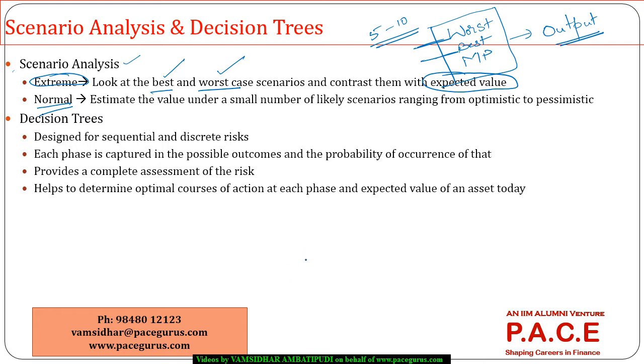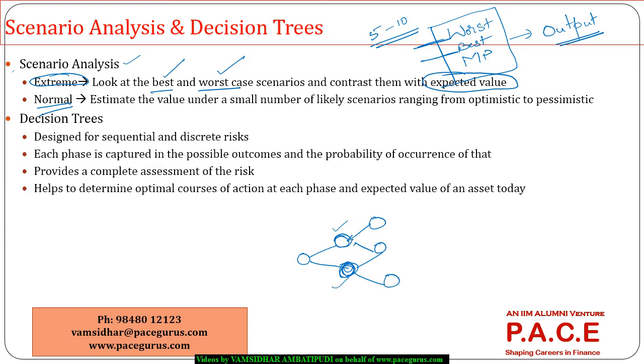Whereas when we talk about a decision tree, it's more like a phase-wise, sequential kind of decision making. So it is more appropriate for sequential risks and discrete risks. So either this can occur or this can occur. The probability of this occurring, probability of this occurring.